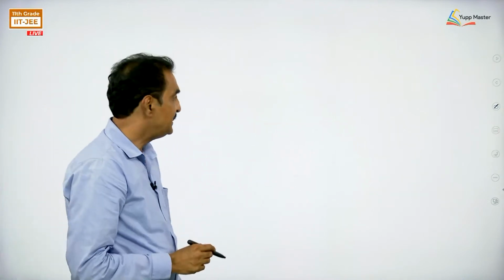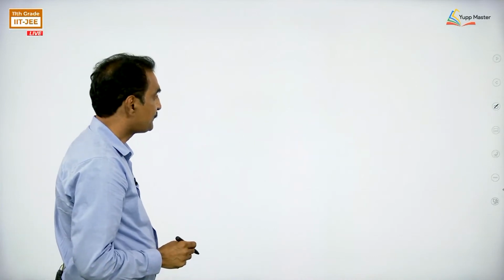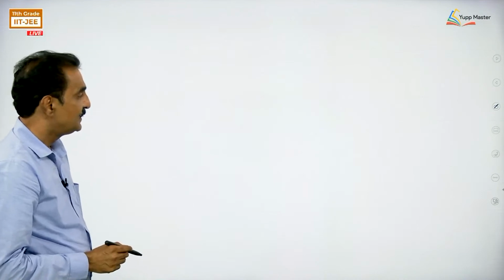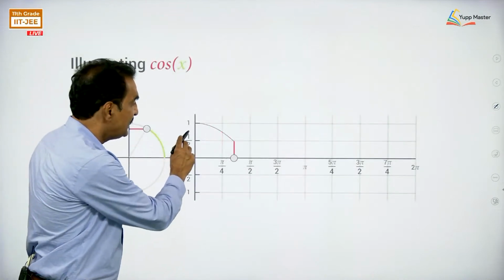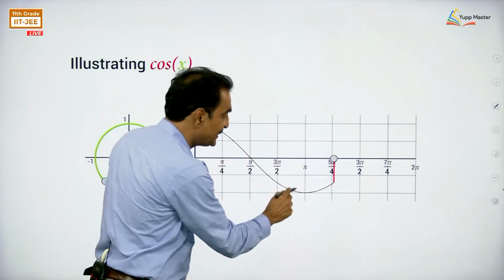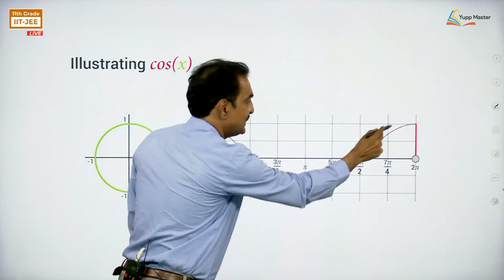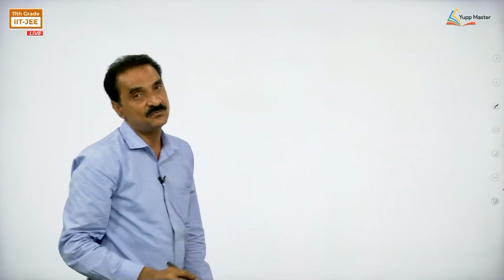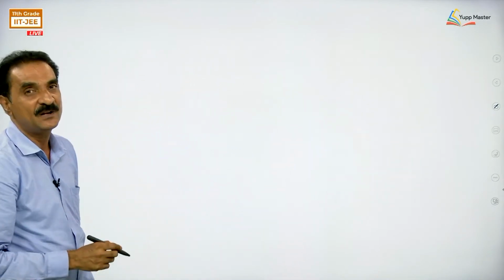So, in the interval 0 to 360 degrees, the graph moves like this. It starts from 1, becomes minus 1, then again reaches 1. Okay. Now, let us see the complete graph of cos x.